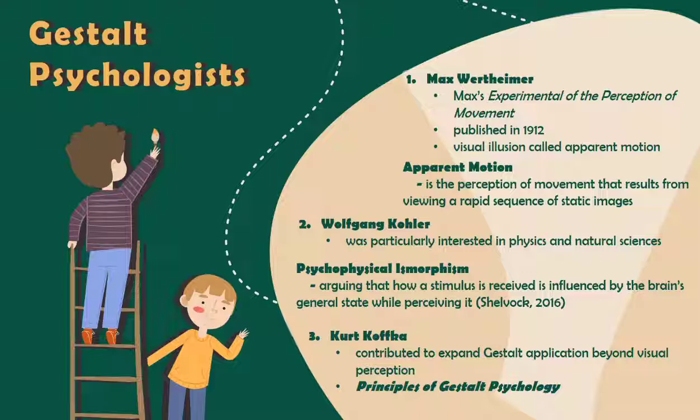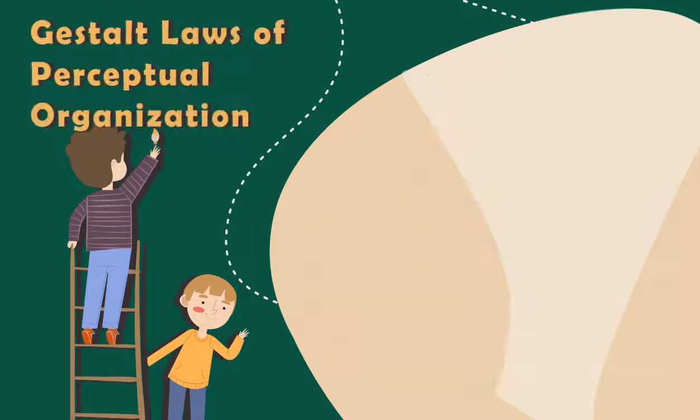The Gestalt laws of perceptual organization were formalized by Wertheimer in a treatise published in 1923 and further elaborated by Kohler and Koffka. The principles are grounded on the human natural tendency of finding order in disorder.